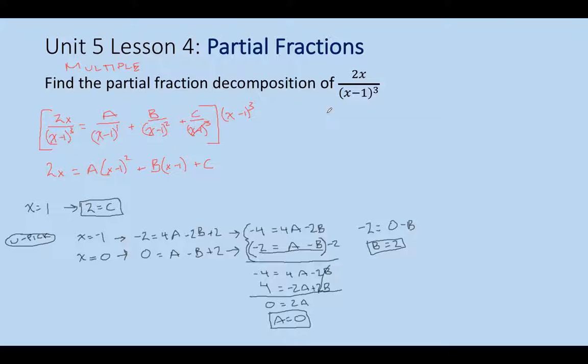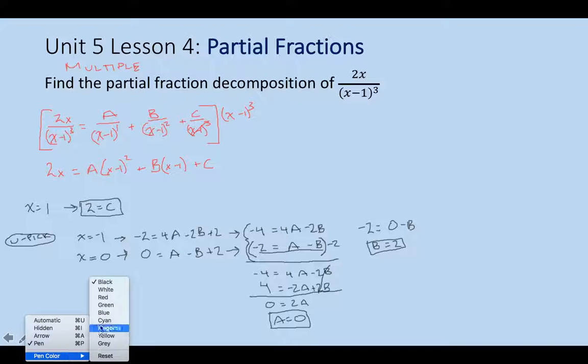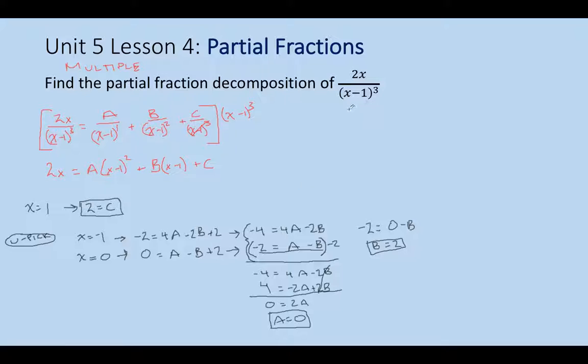We had the original thing, which up here was just 2x over x minus 1 cubed. And the decomposition, well, we know that a is 0.